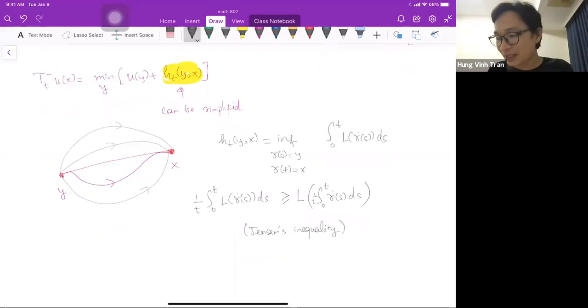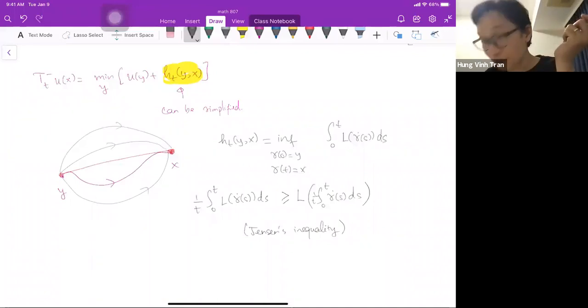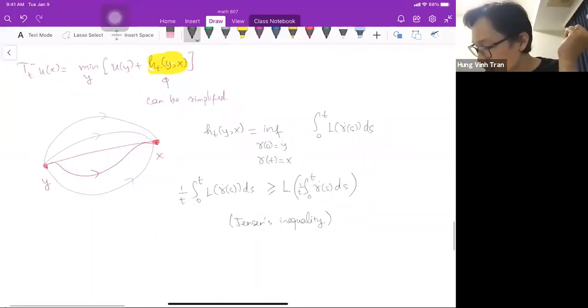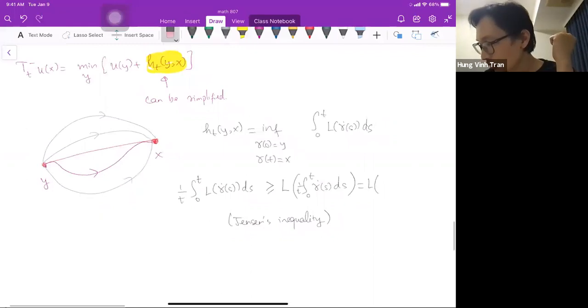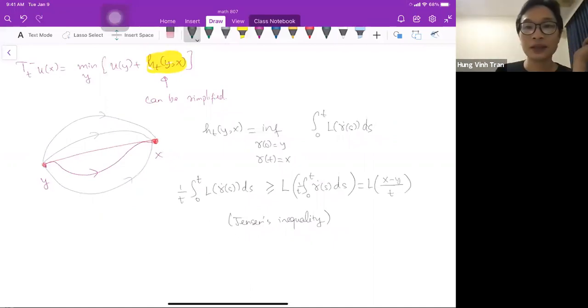I'm estimating that for any curve going from y to x, it turns out that going in a straight line is of smallest cost, because the right hand side equals L of 1 over t times gamma t minus gamma 0, right? Gamma t is x, gamma 0 is y.